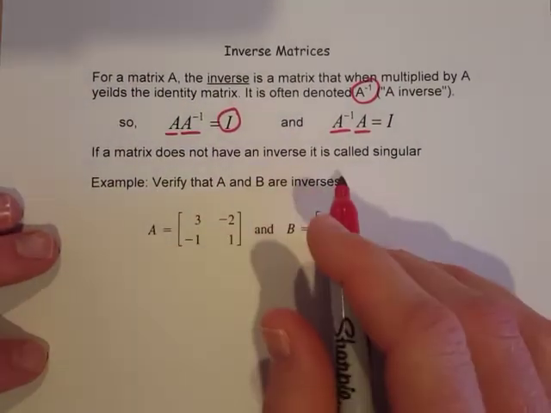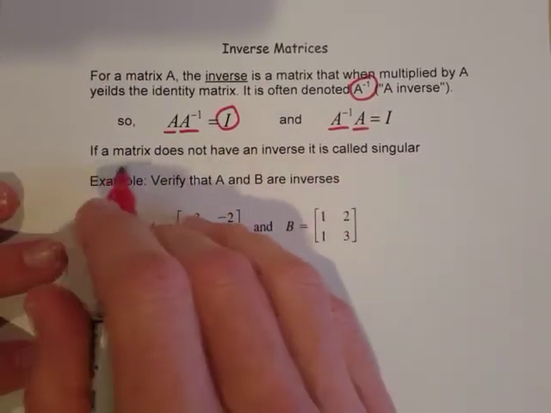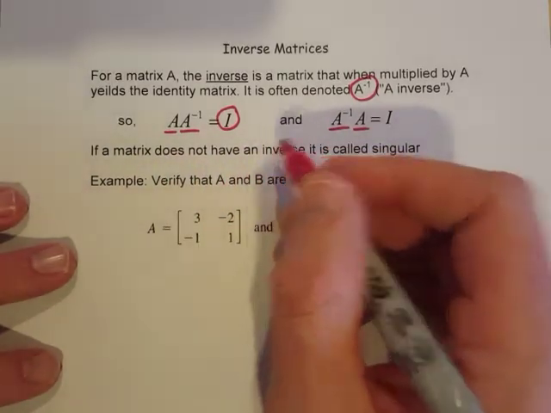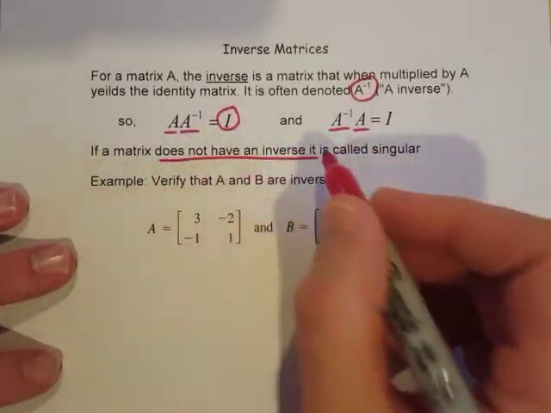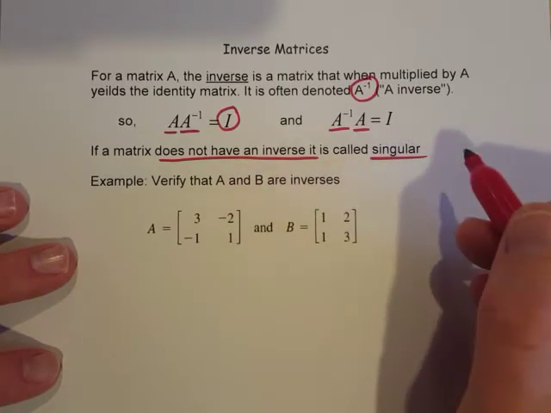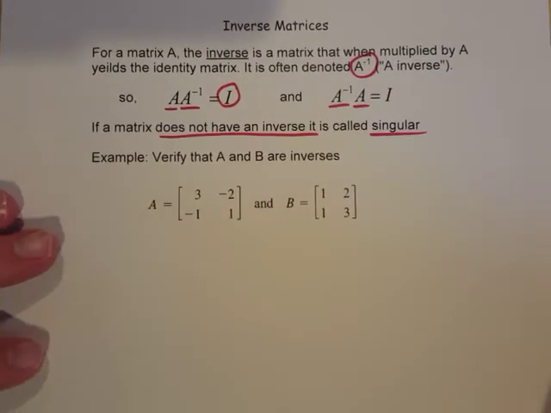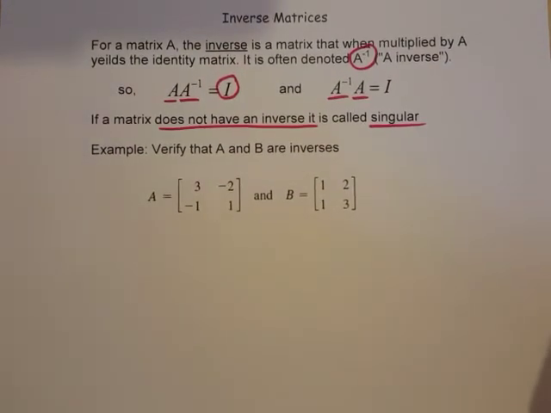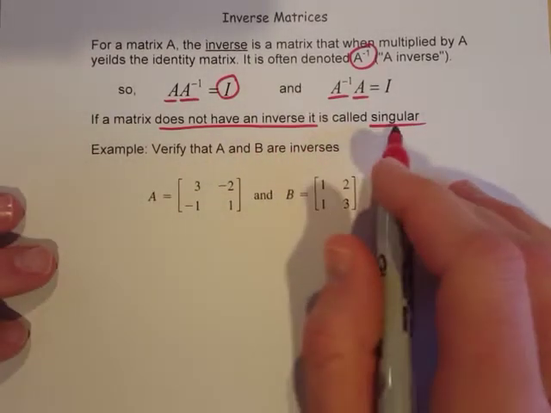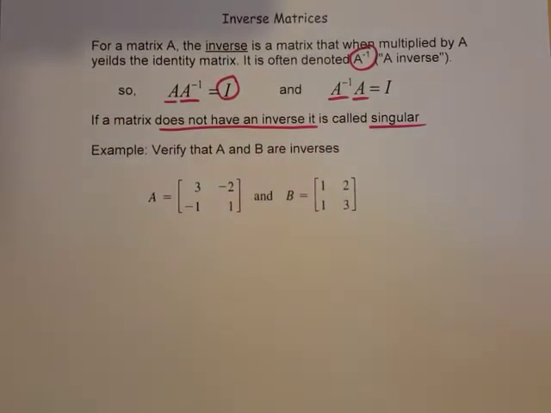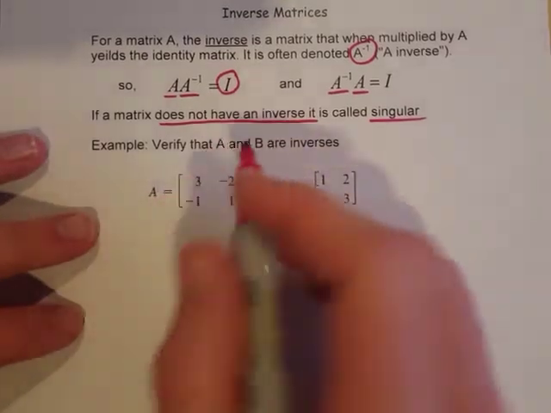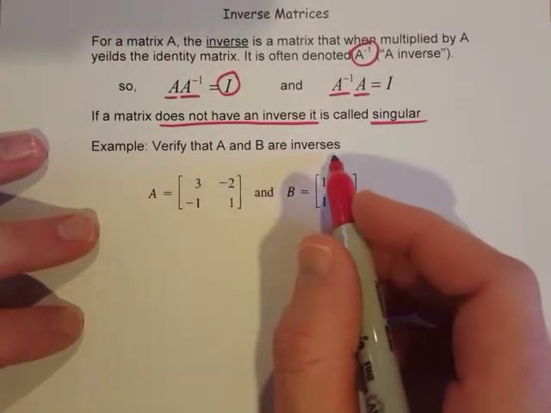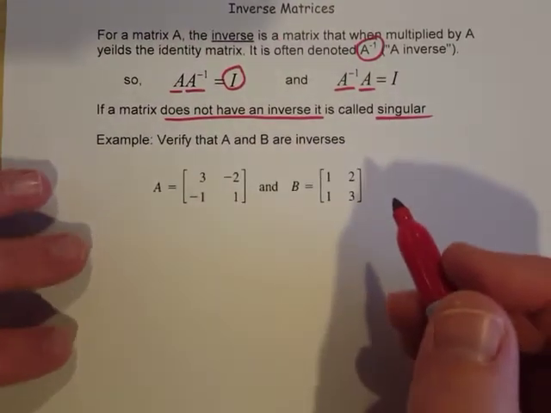All right, let's take a look at these. By the way, if it doesn't have an inverse, which is possible, then a matrix is called singular. We're going to look at calculator stuff in a little bit, but if you see something where it says singular as an error, that just means it doesn't have an inverse. But let's verify that A and B are inverses of each other by multiplying two matrices together.